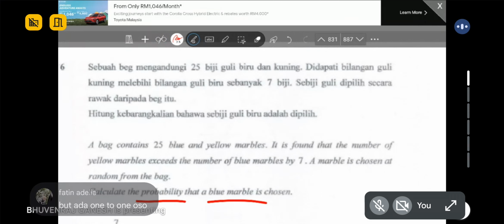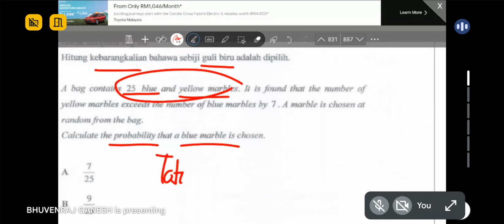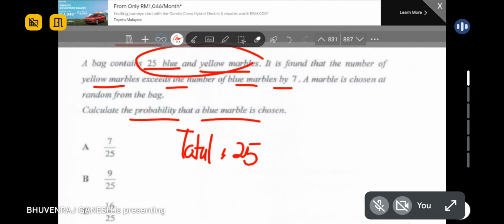So now guys, this question. Probability blue marble. Okay? Kebarangkalian guli biru. Okay, so very simple. 25 blue and yellow marbles. Okay, so total is 25 lah guys. Jumlah adalah 25. And then they say yellow exceed blue by 7. So yellow, katakan yang kuning tu X. So yang biru tu akan jadi X tolak 7 lah.